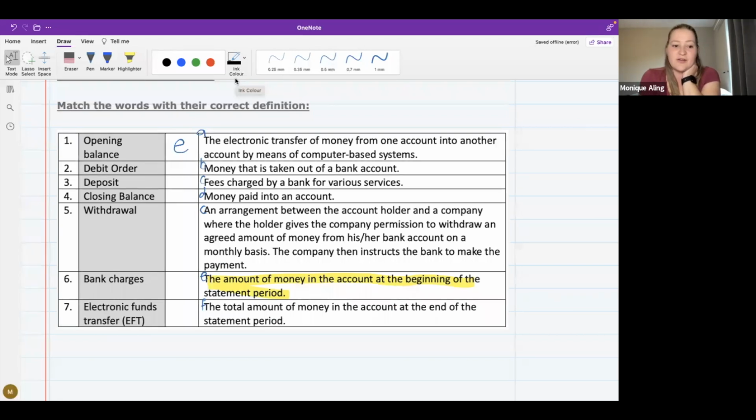Okay, so who can tell me the answer for number 2, debit order? What is the definition for debit order? Is it A, B, C, D? Anyone got 2? Any answers for question 2?